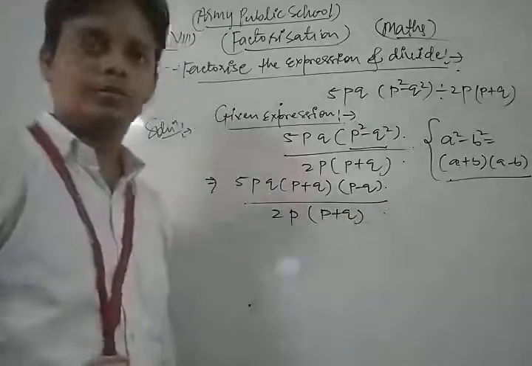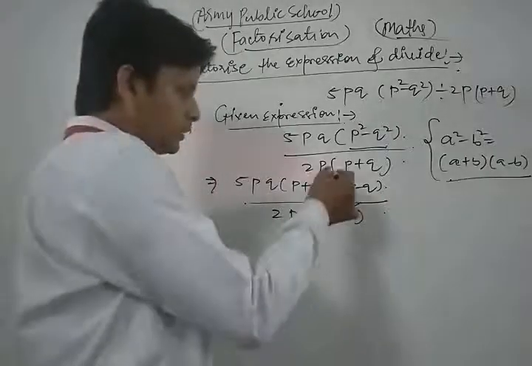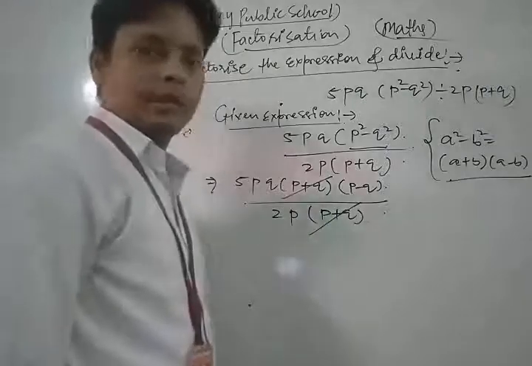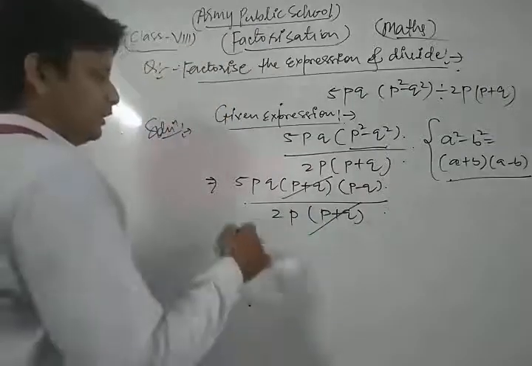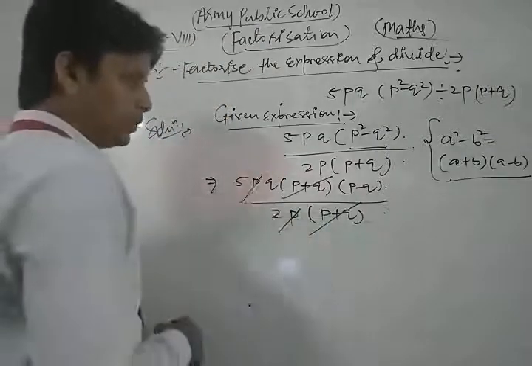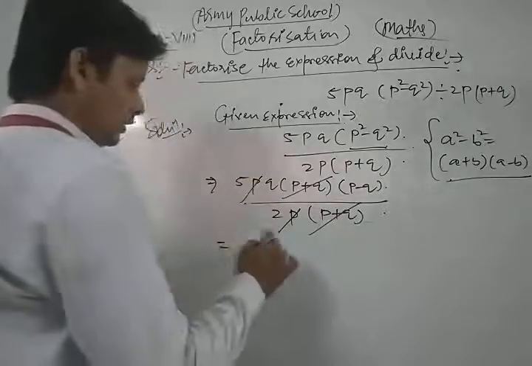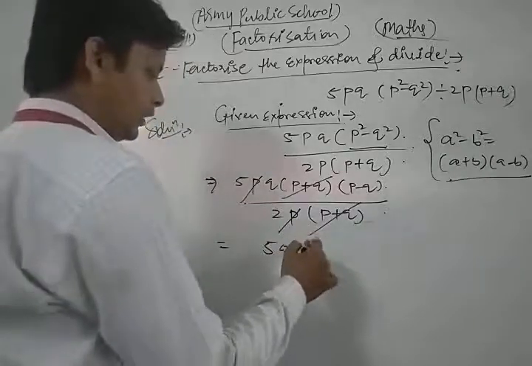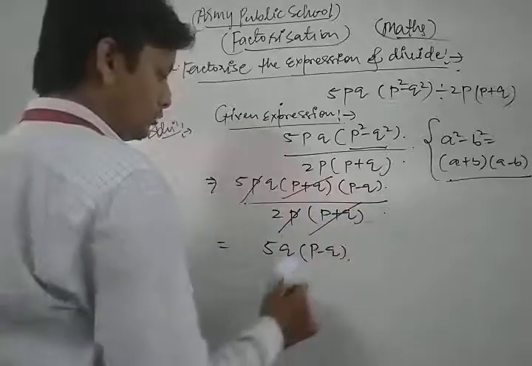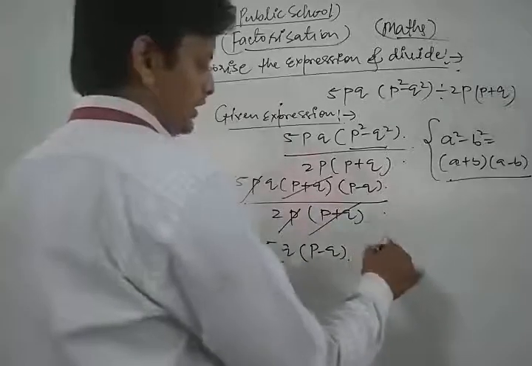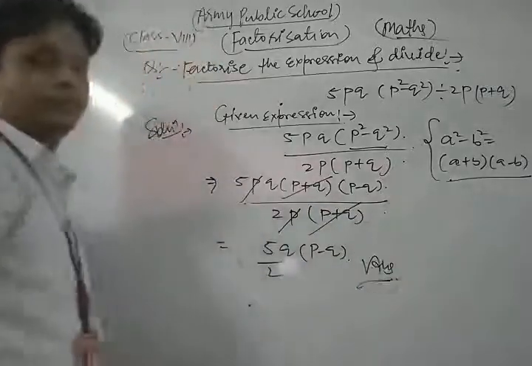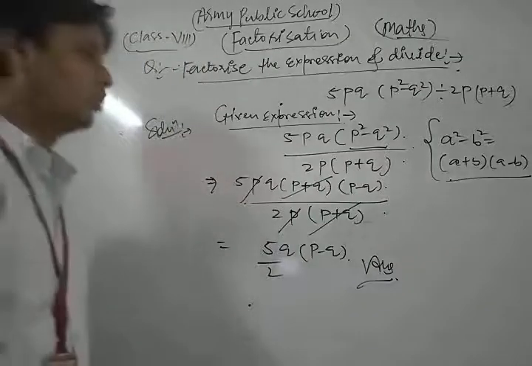Now look, (p plus q) cancels with (p plus q), and p and p cancel each other. So we get 5q into (p minus q) upon 2. This is the required solution of the given question.